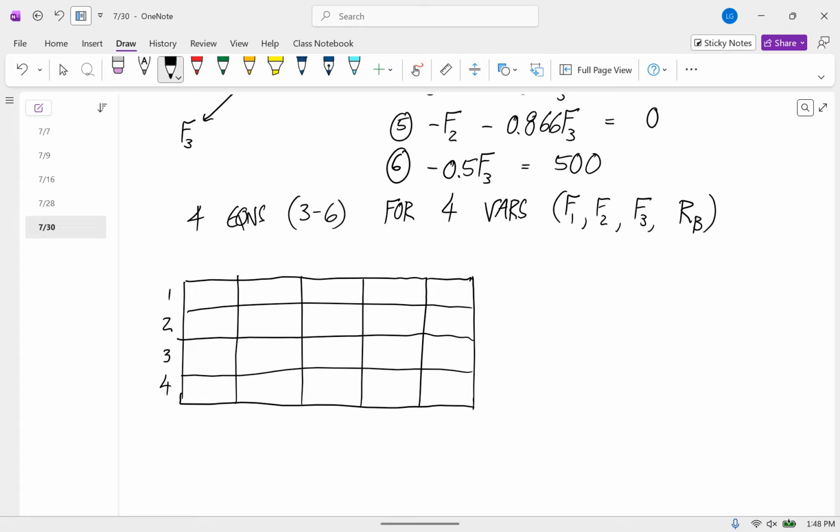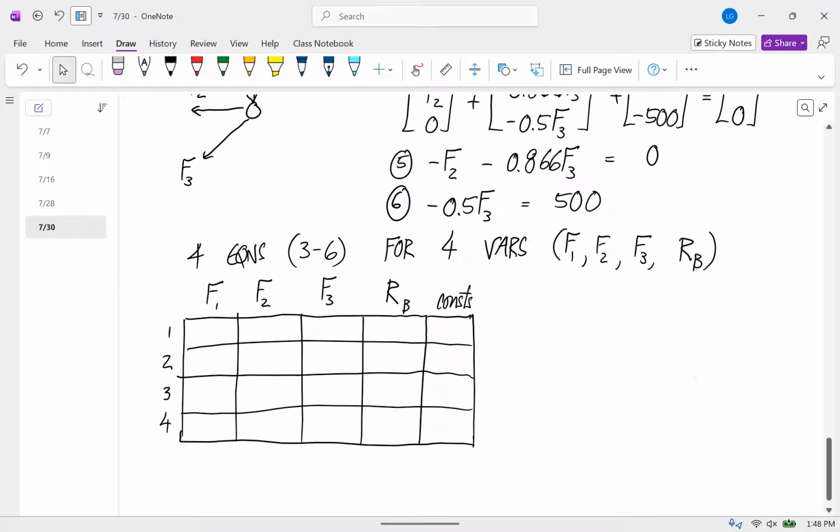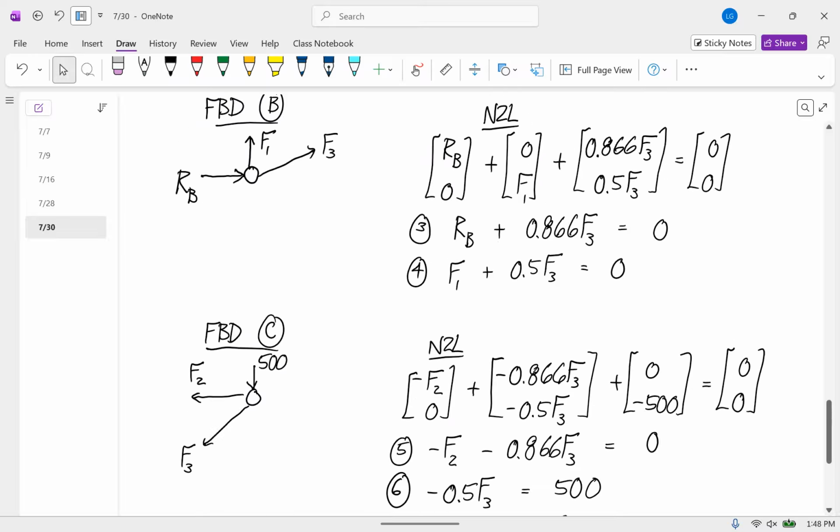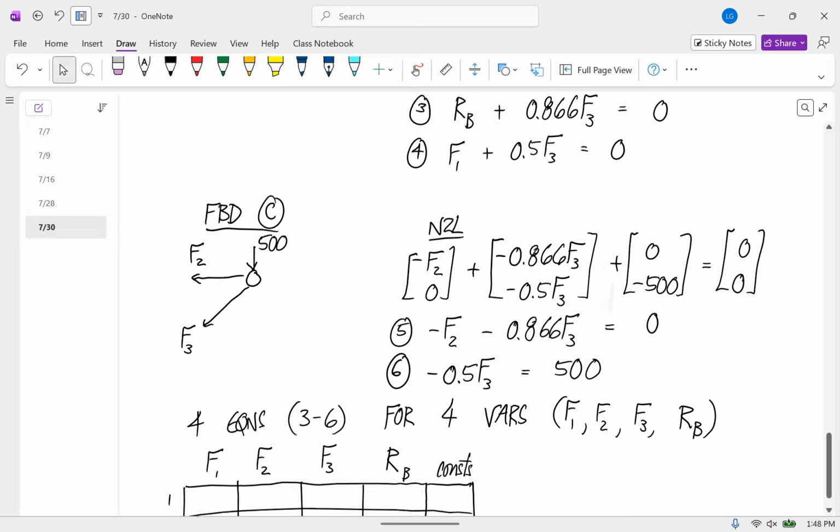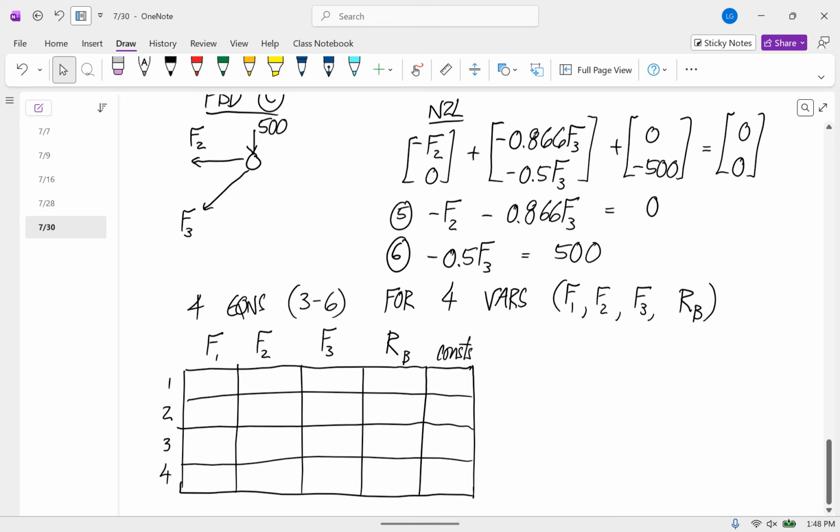And then the variables, I'm going to go in the order F1, F2, F3, RB, and then the constants. I mean, the equations really are 3, 4, 5, and 6, the way I have them listed here.